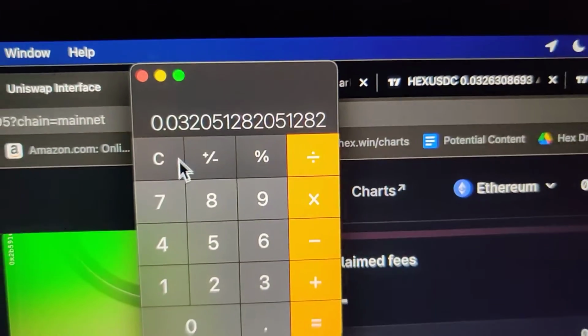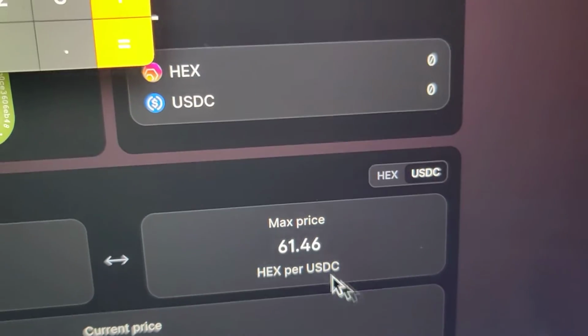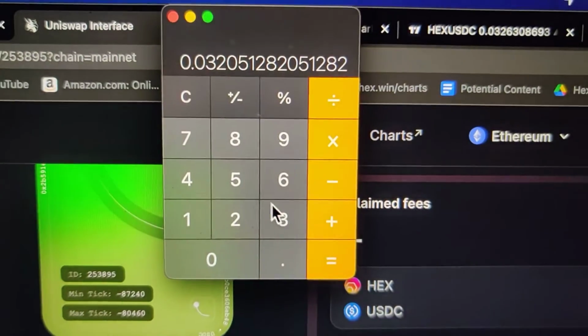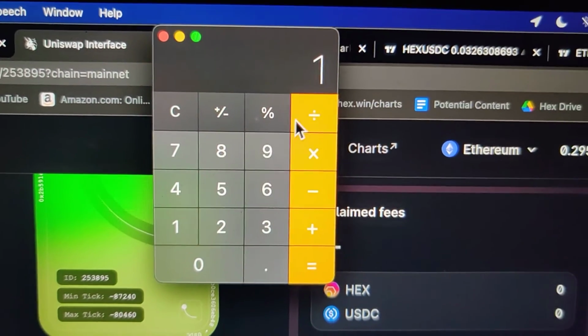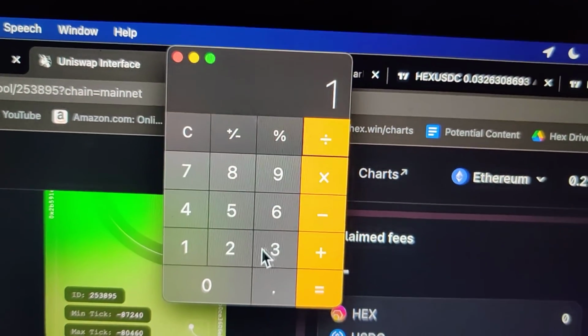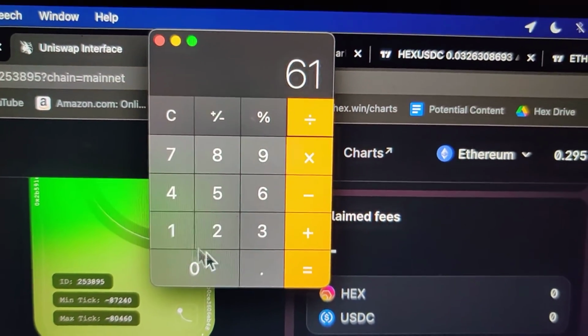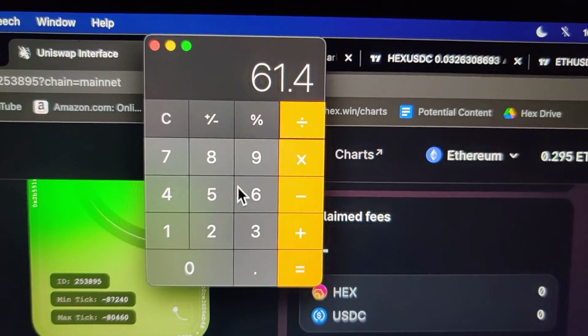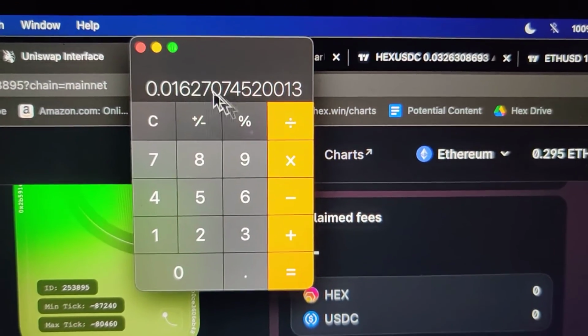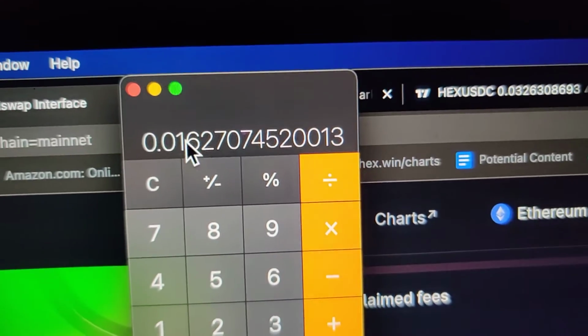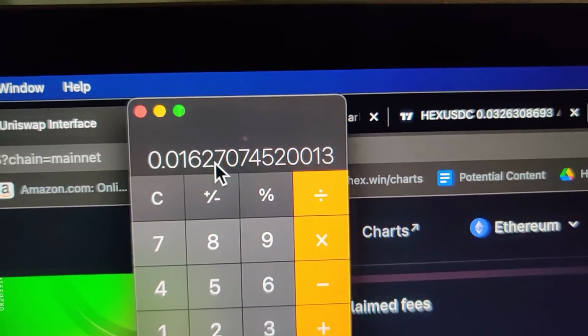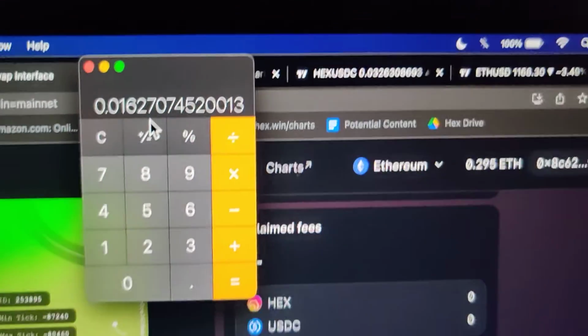And if it continues to drop all the way down to 61.46, 1 divided by 61.46, I can provide liquidity until the price drops below 1.627 cents. And then it'll be out of range.